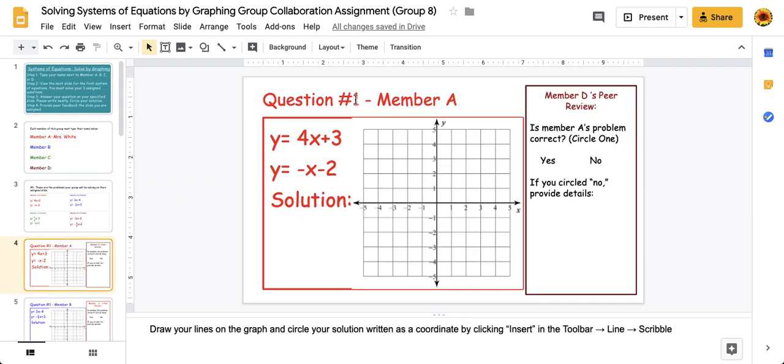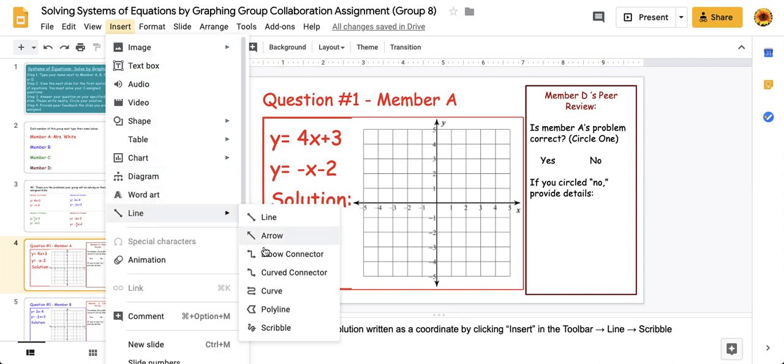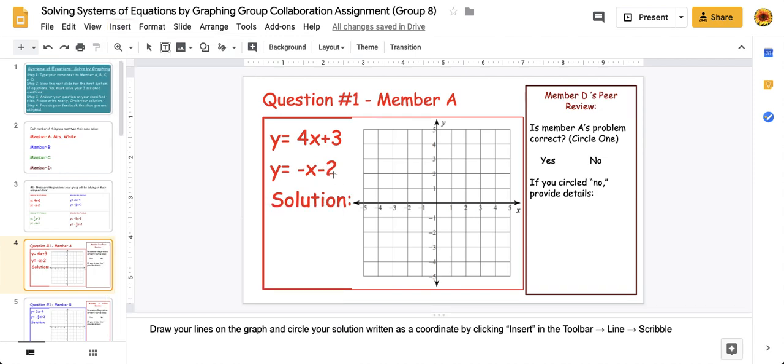So here I have question number 1, I am member A, here are my two equations again. What I'm going to do is graph these two lines on the graph provided and then determine my solution. What you can do is insert a line or scribble, and go ahead and graph these exact equations. For example, let's say my y-intercept was 2.